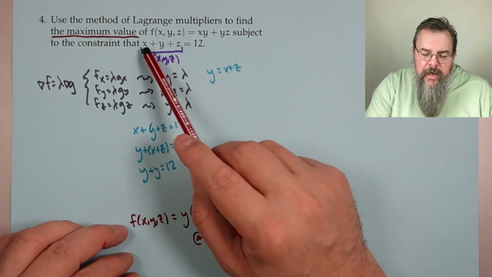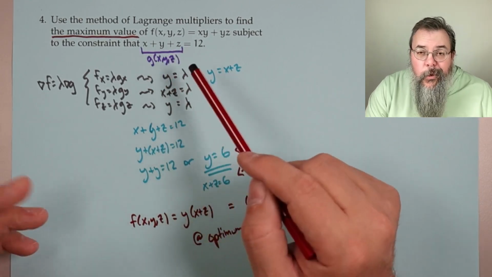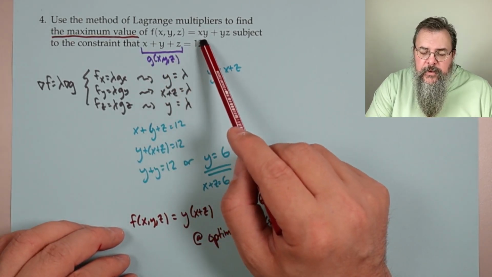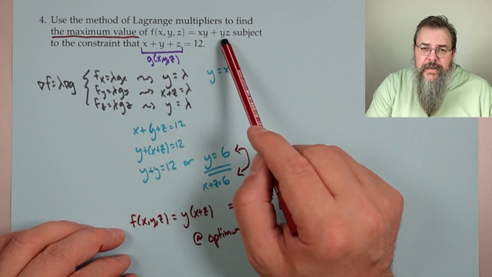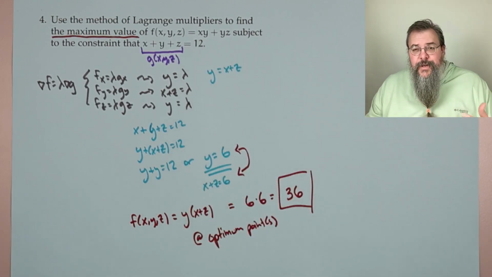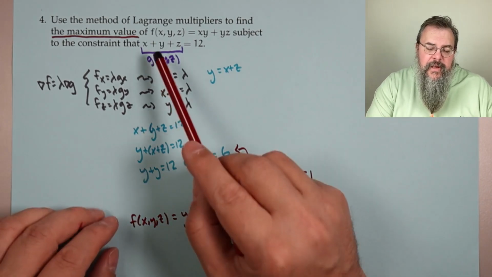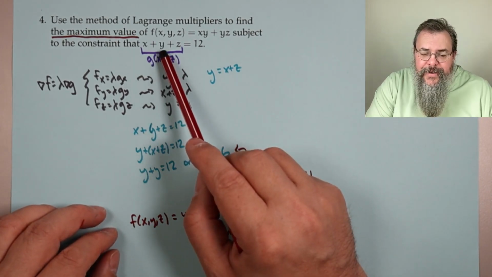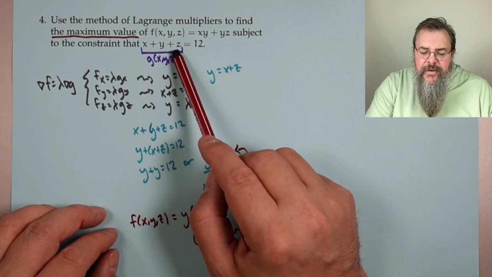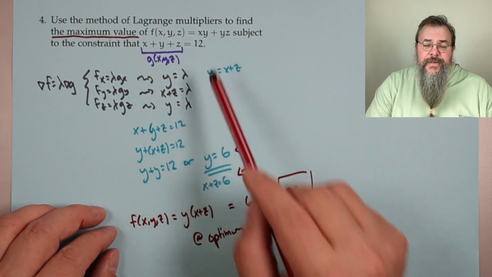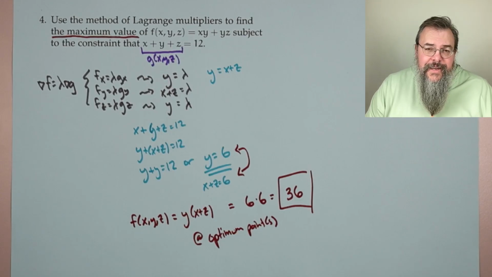Well, what if we said x and y and z are all, say, 4? Then you'd have 4 times 4 is 16, 4 times 4 is 16, 16 plus 16, 32. That's less than 36. You could even do something like, let's set y equal to 12 and x and z to be 0. Then you'll get x plus y plus z equals 12, but you'll get 0 plus 0, which is 0, less than 36.